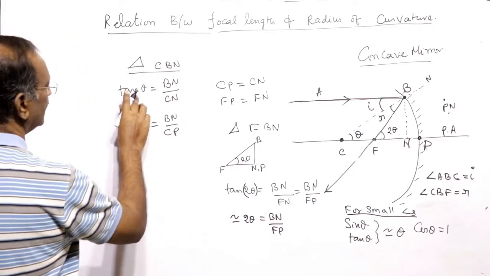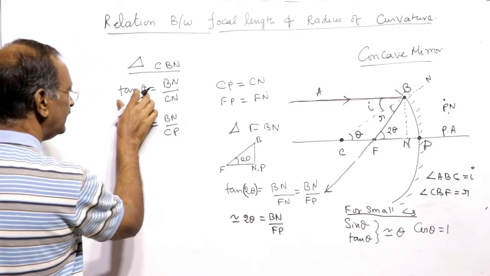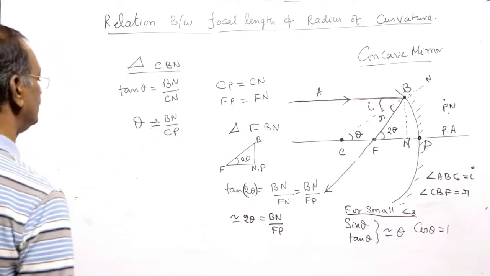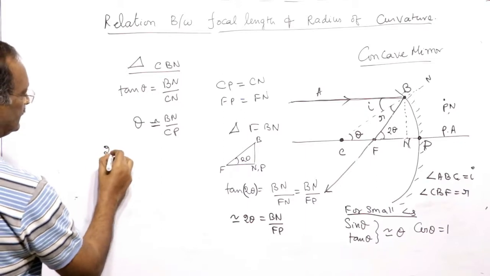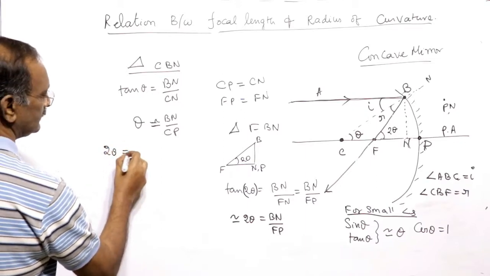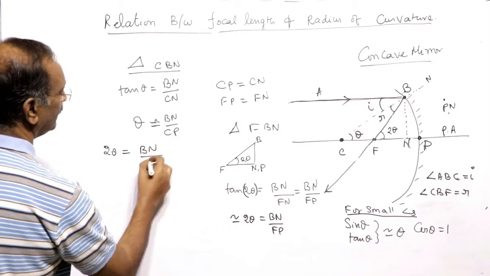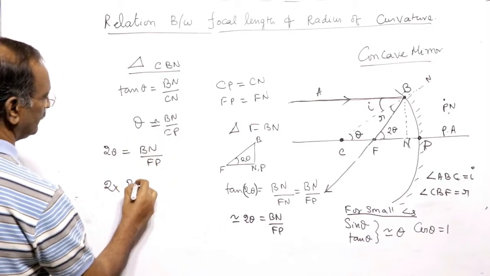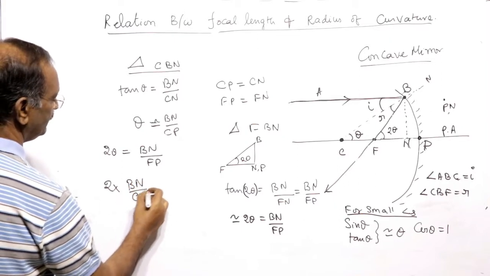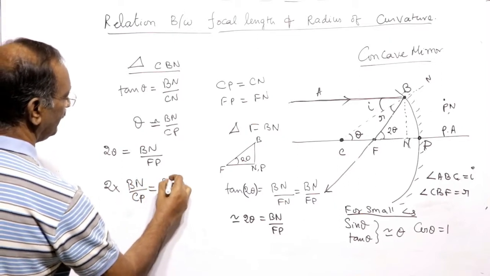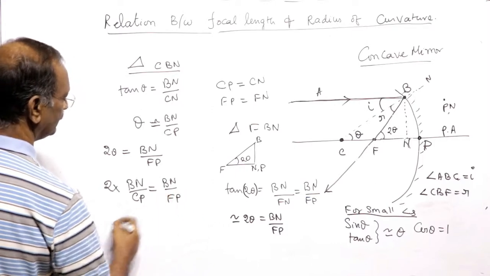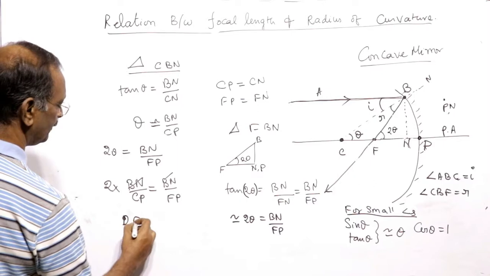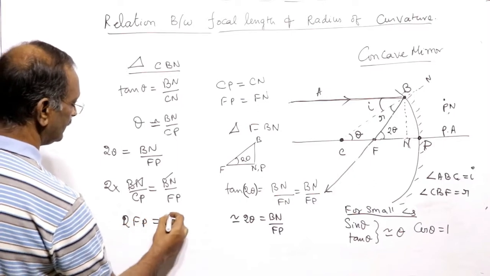For a small angle, tan theta is approximately equal to theta. Therefore, 2 theta is equal to BN by FP, and theta is equal to BN by CP, which is equal to BN by FP divided by 2. Cancelling BN, we get twice FP is equal to CP.